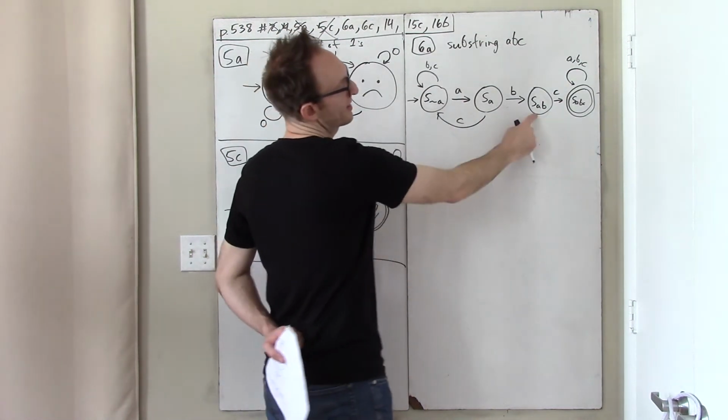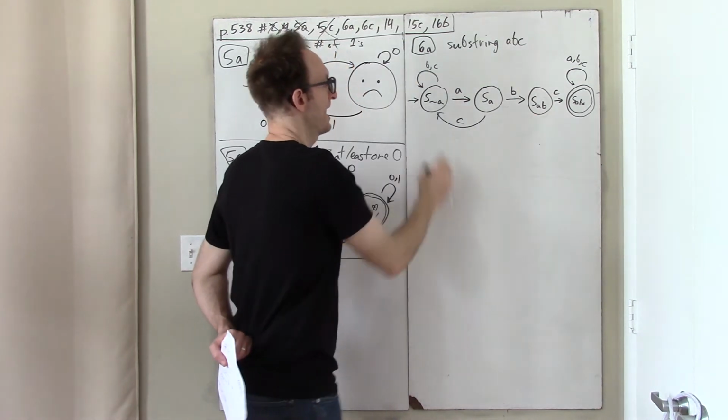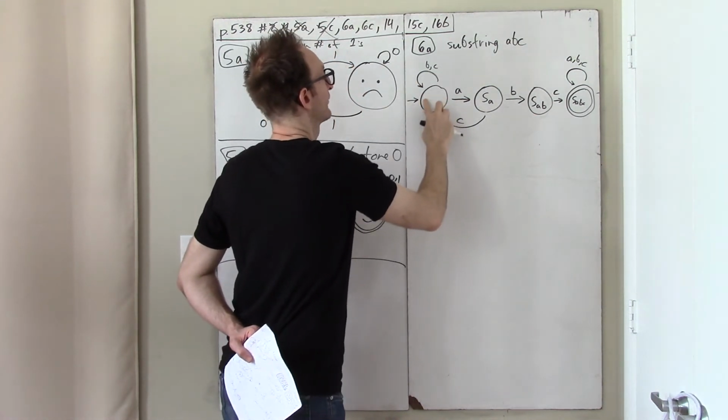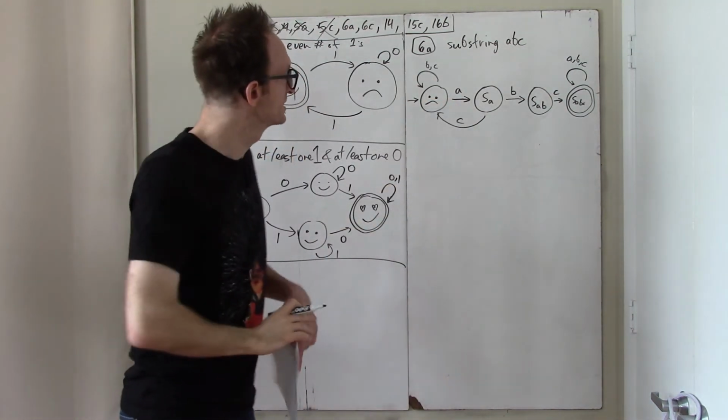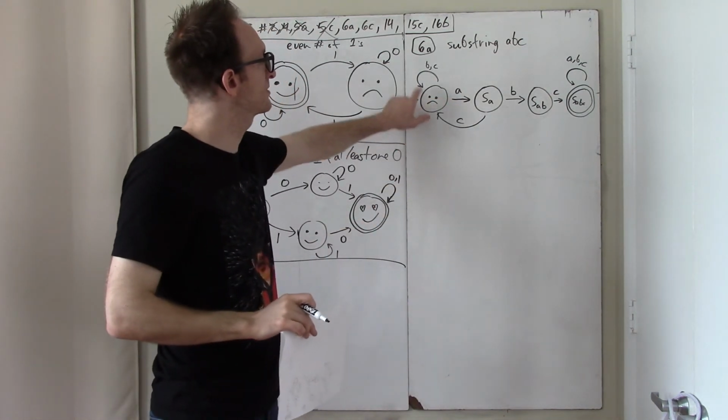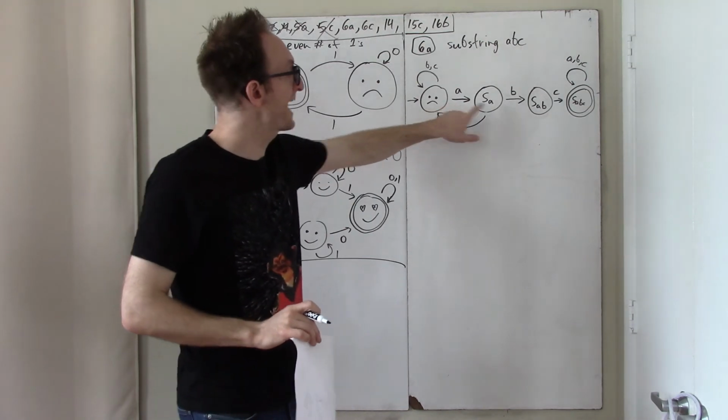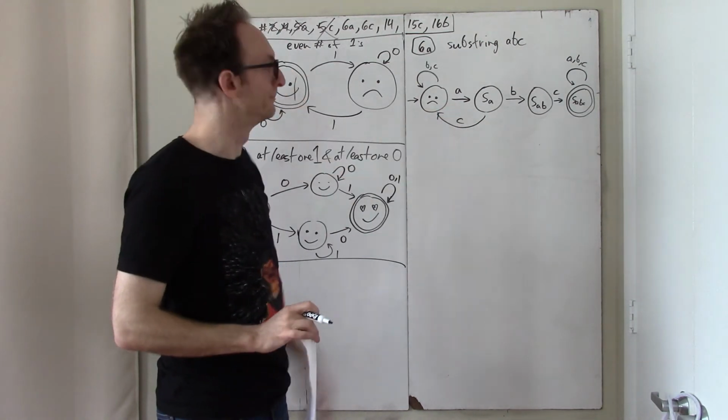Yeah, because over here my previous character is also not an A. I don't know how to exactly refer to this state, so I'll just call it sad. Maybe that's better, actually, right? So if the string begins with a B or C, I'm sad. If the string goes A but then C, I'm sad again.